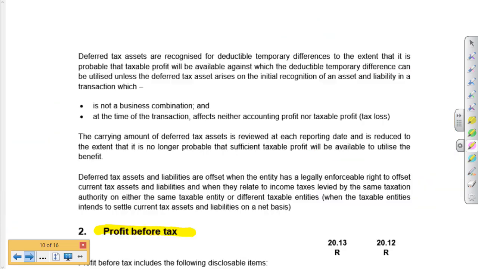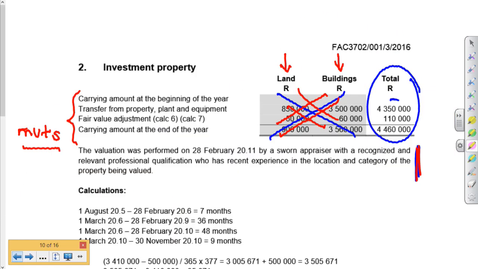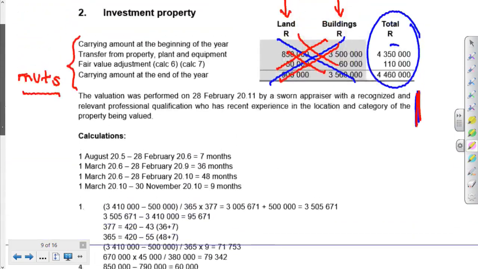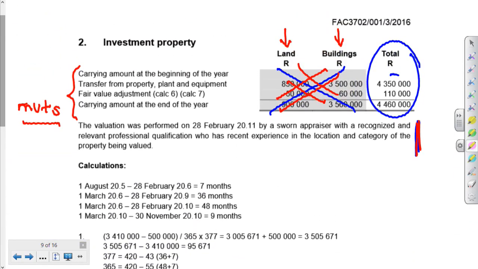All right, so we are ready to complete. I then showed you some disclosures, which you need to know what those notes look like. The important one is the investment property note. Remember, it's one column. It's a movement note. It's a difficult note to know. It's on page 123 in your study guide, so I would go and flag that one.